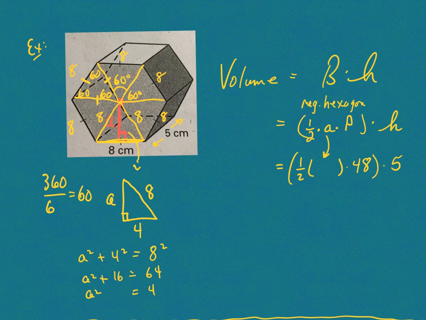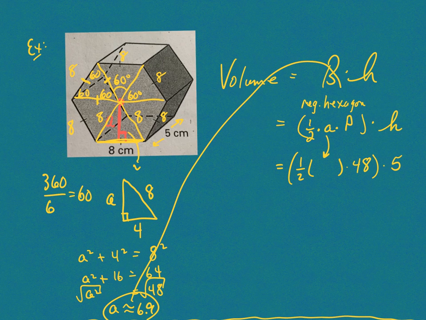Subtract 16 from both sides and take the square root of both sides. And let me punch that out for you guys. The square root of 48 is going to be about 6.8 or 6.9. So the apothem then is 6.9. And now I can fill that into my formula for A.